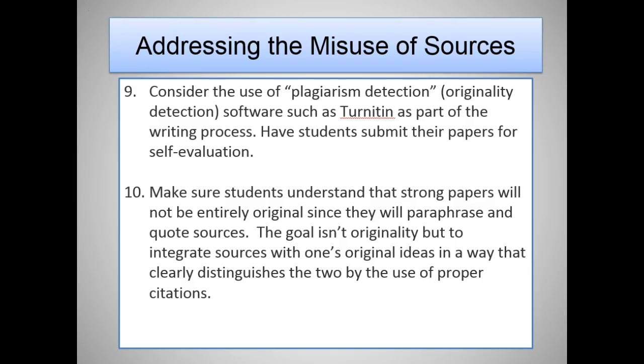But I think one of the best uses for plagiarism detection software is for students to recognize that the goal is not 100% originality, but that they are properly acknowledging where those ideas and where those words came from. And using Turnitin as part of the writing process can really help students know, look, 20% of my paper is unoriginal, and that's exactly what I want because I was supposed to have several meaningful quotes, right?